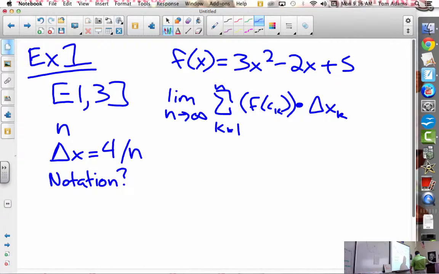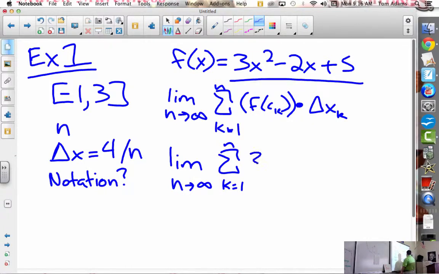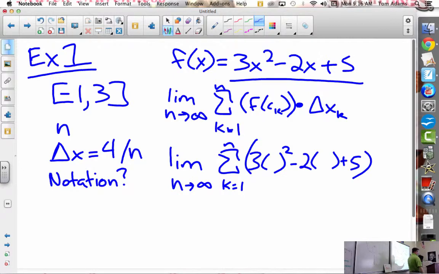So now, if I want to carry this out a little further, what I would do is I would probably write it like this. I would say all this stuff, limit as n approaches infinity of the sum from k equals 1 to n. But this is what I'm evaluating, so I'm going to say 3 times some quantity, and we're going to leave that blank for a second, minus 2 times some quantity, leave that blank for a second, plus 5. That's our f of whatever we choose to plug in.